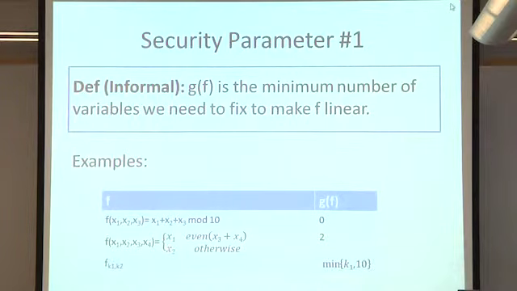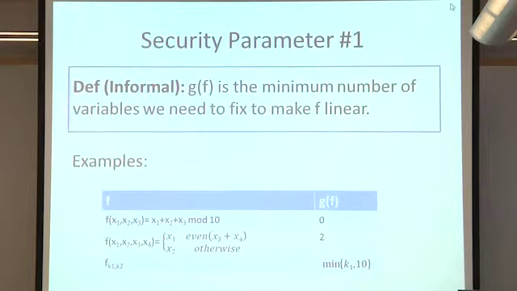If we have this other function, which is x1 if x3 plus x4 is even and x2 otherwise, then in this case we need to fix x3 and x4 so that the function becomes linear. So in this case, g of f is 2. And in our particular case, g of f is the minimum of k1 and 10.